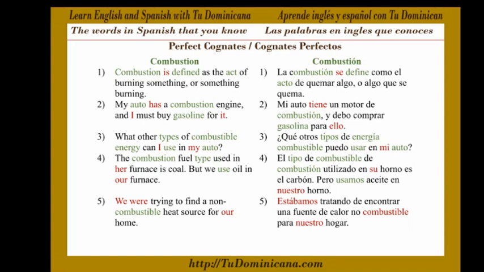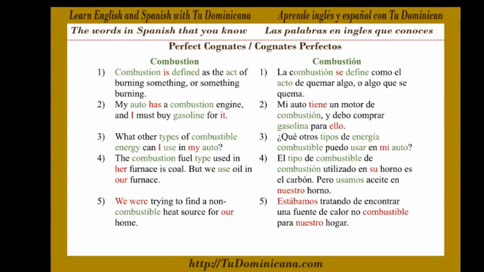3. What other types of combustible energy can I use in my auto? 3. ¿Qué otros tipos de energía combustible puedo usar en mi auto? 4. The combustion fuel type used in her furnace is coal. But we use oil in our furnace. 4.